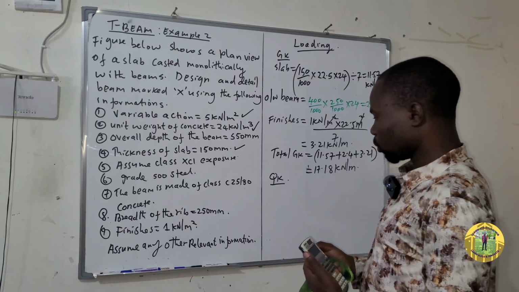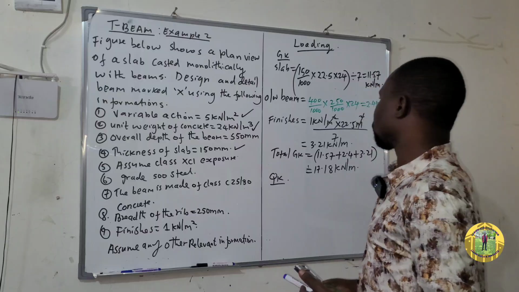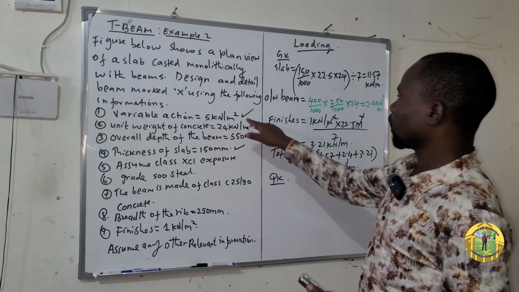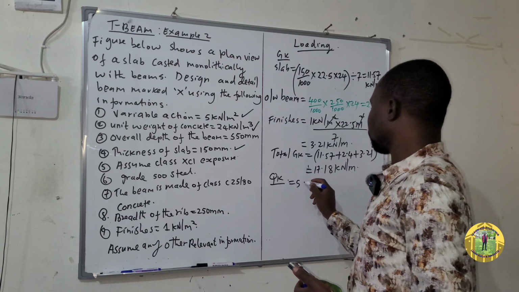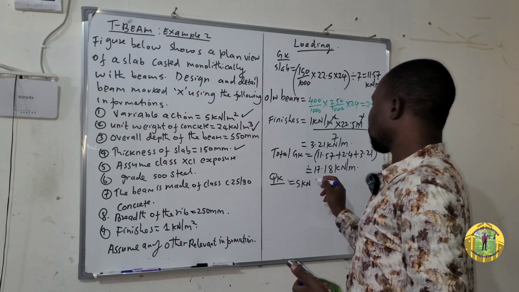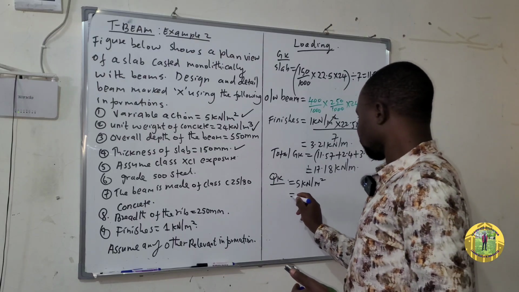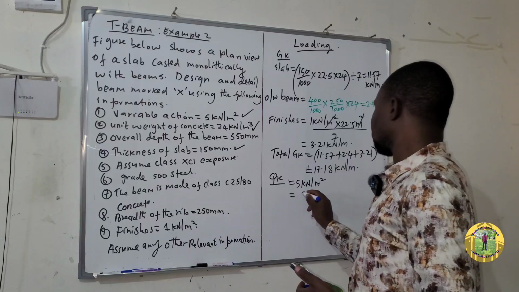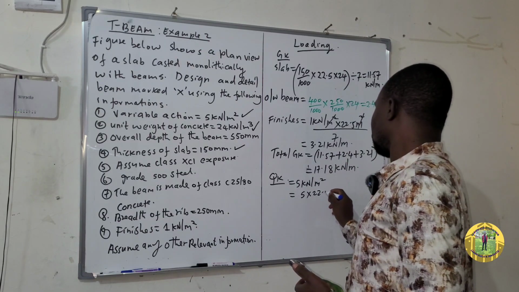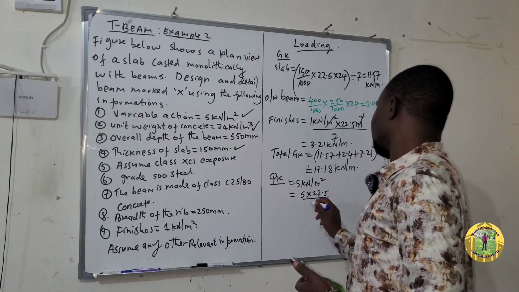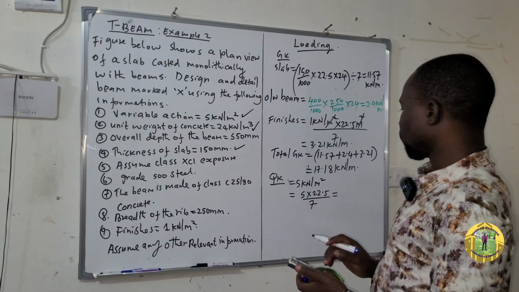This is the variable action, or the imposed or live load. So QK, you have been given as 5 kilonewton per meter square. So this one, you will multiply it by the area, which is 22.5, and then divide it by 7, so that you can have your loading in UDL.